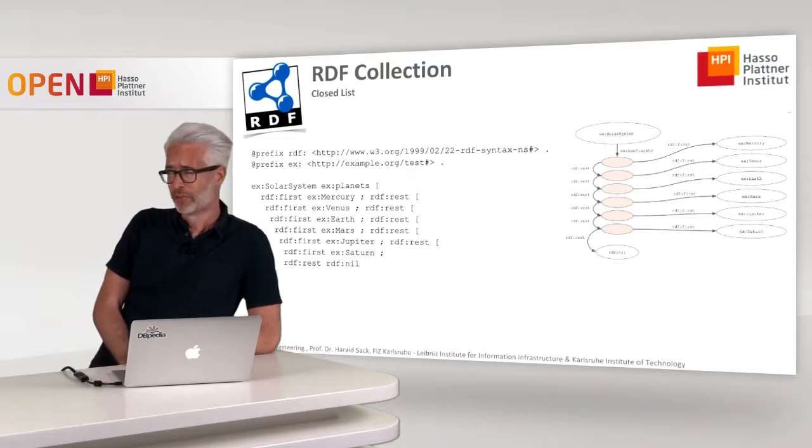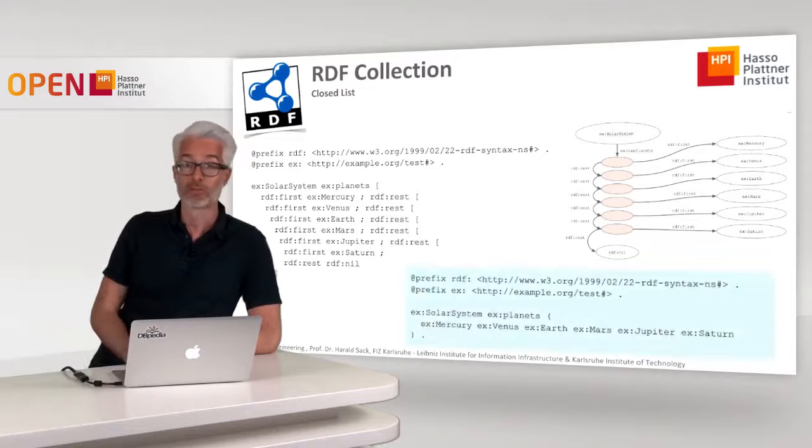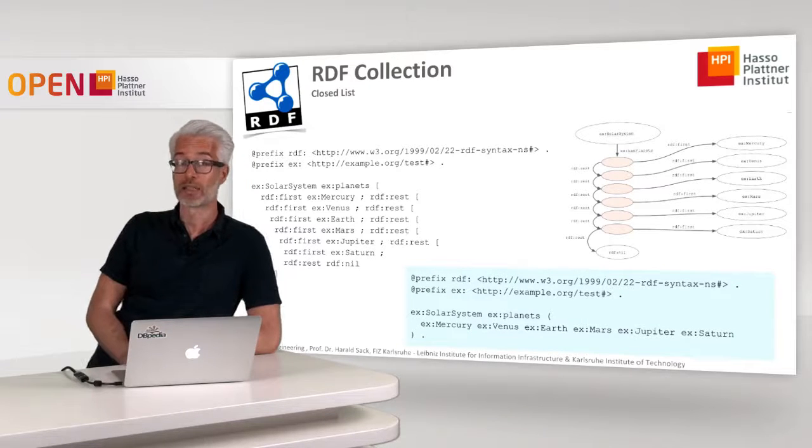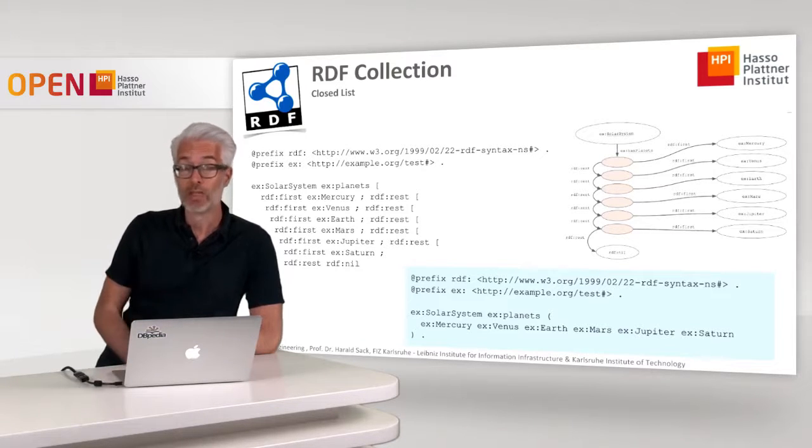Of course, Turtle somehow was about abbreviating things. So this is way too complicated, way too long. Therefore, the designers of Turtle have given us this nice representation of an RDF collection. Instead of the square brackets that you are using for the blank nodes, to define an RDF collection you simply use parentheses or round brackets.